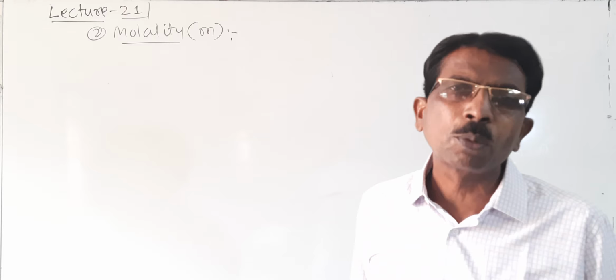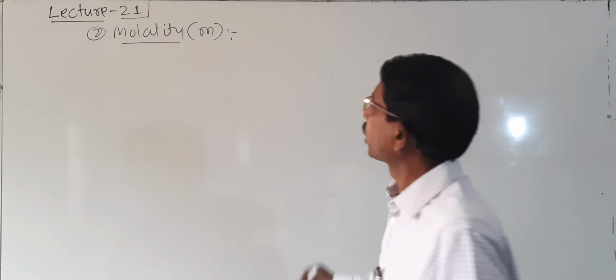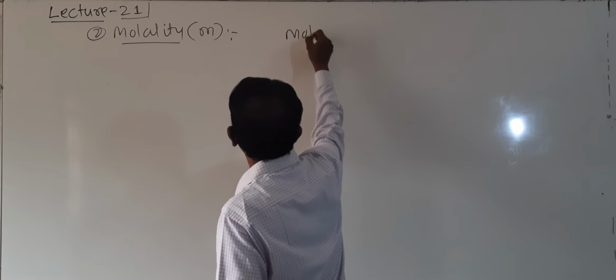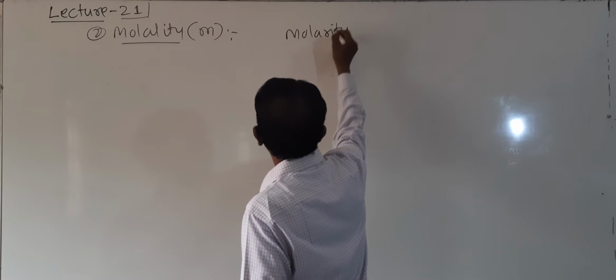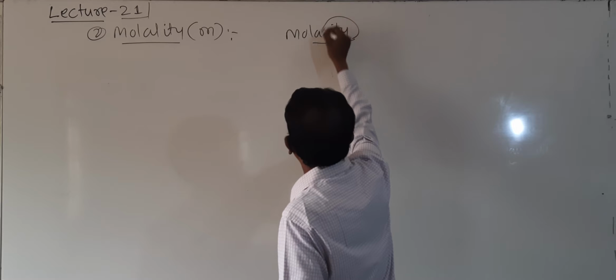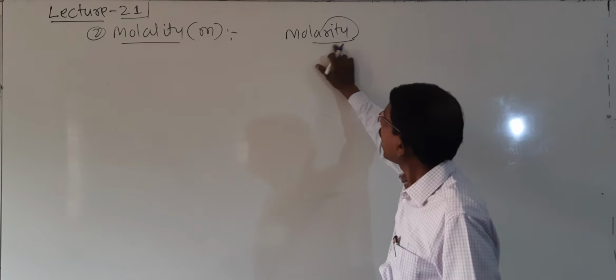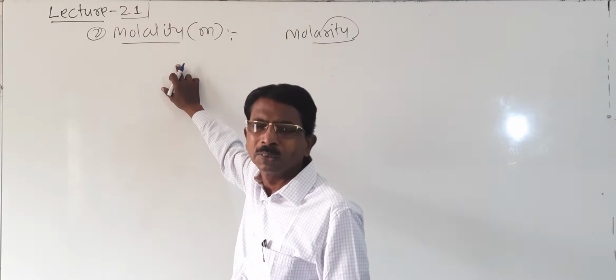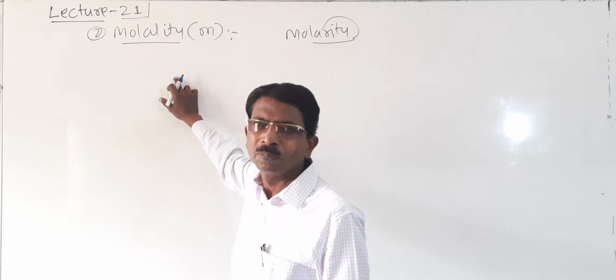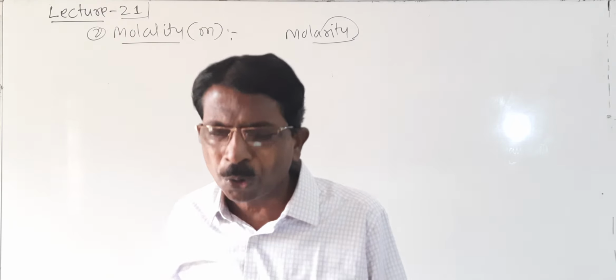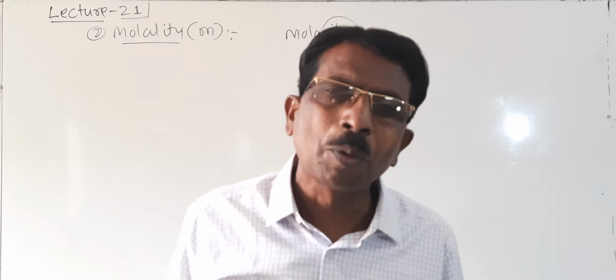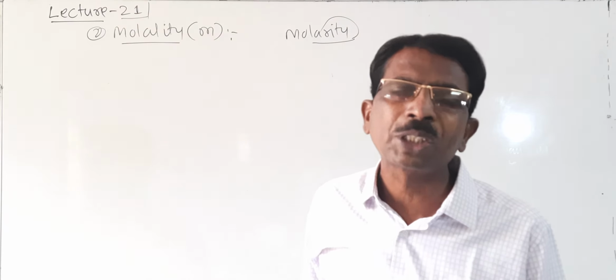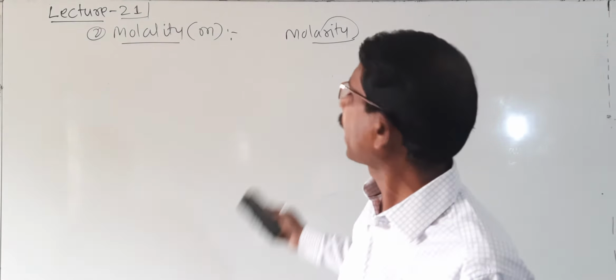So the first one is molarity, M-O-L-A-R-I-T-Y, and this is molality. So there is a difference. If they ask what is the difference between molarity and molality, don't make the spelling mistake. L-I-T-Y and R-I-T-Y.